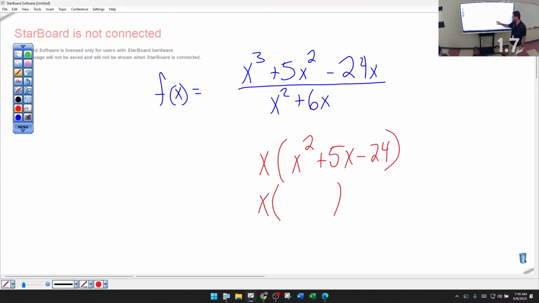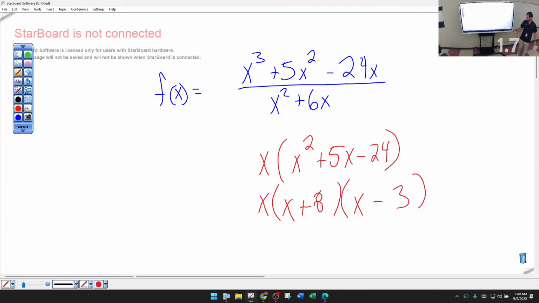So hopefully now we get an x and an x. It is 5 and 24, isn't it? Yeah. 24, 6 and 4 won't work. 12 and, does that factor? 8 and 3. Okay. And let's see, 8 needs to be a positive one, and 3 needs to be a negative one. Okay? Everybody good?